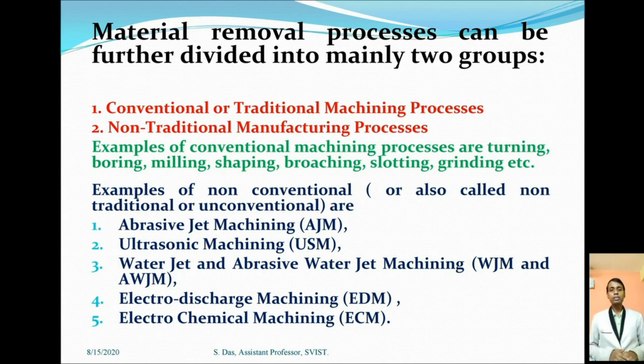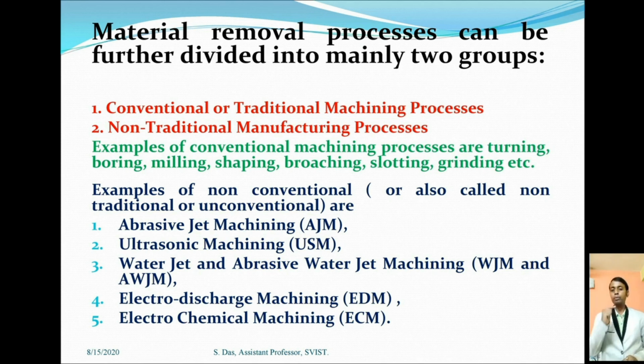What is the non-traditional machining process? This is the main topic of this lecture. The beauty of this machining process is that the tool and workpiece are not in direct contact. Now the question comes, how is material removed?